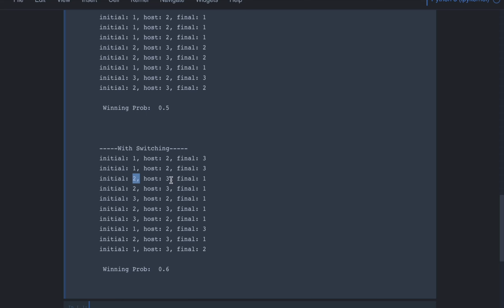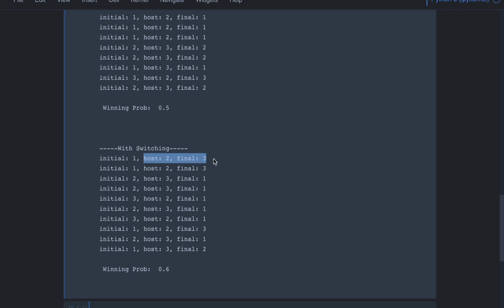Now the host has eliminated one of the doors, which means the remaining door has a probability of winning 2/3, right? So initially each door has 1/3 probability. Now the host has eliminated one of the doors, so that probability will be switched to these 2 doors having 2/3 probability, right?